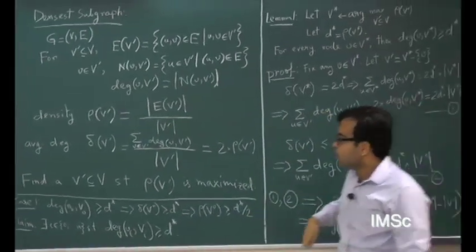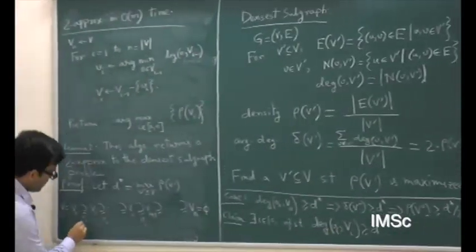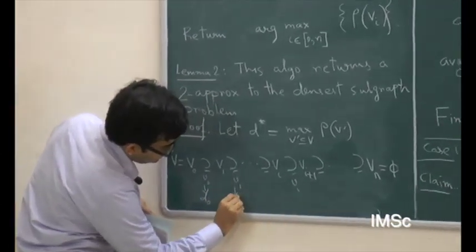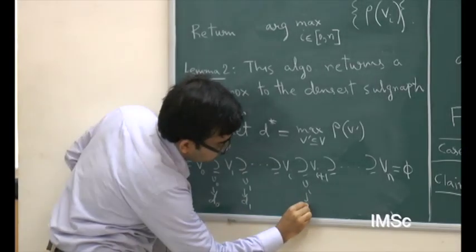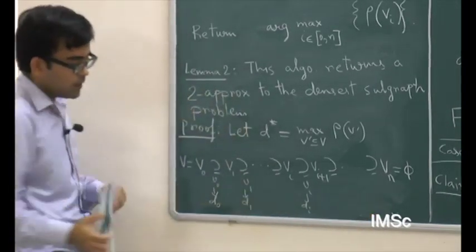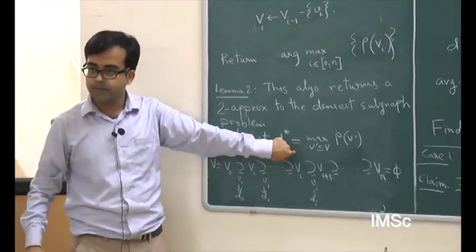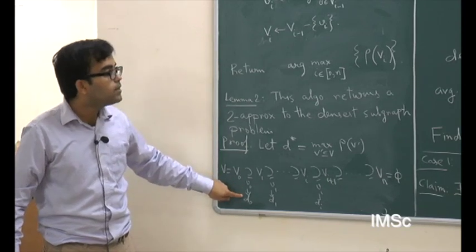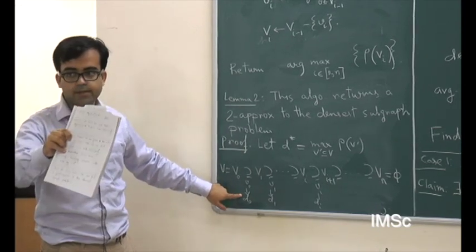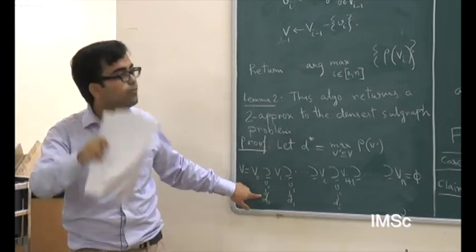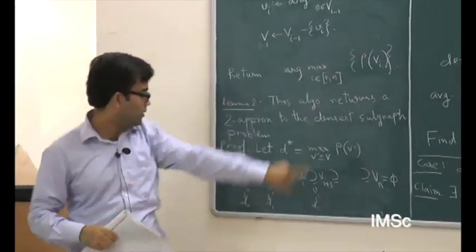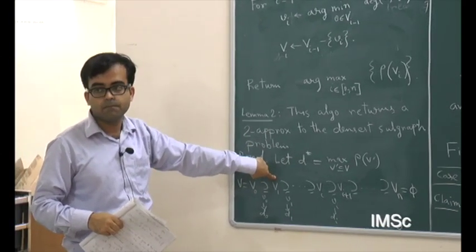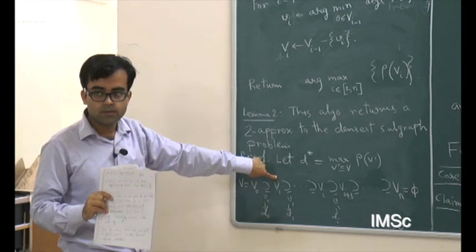Okay, let us define these quantities d0, d1 till di and so on. What is di? It's the degree of Vi in capital Vi. The claim is if d0 is less than D star, then every node in V star survives in V1, right?